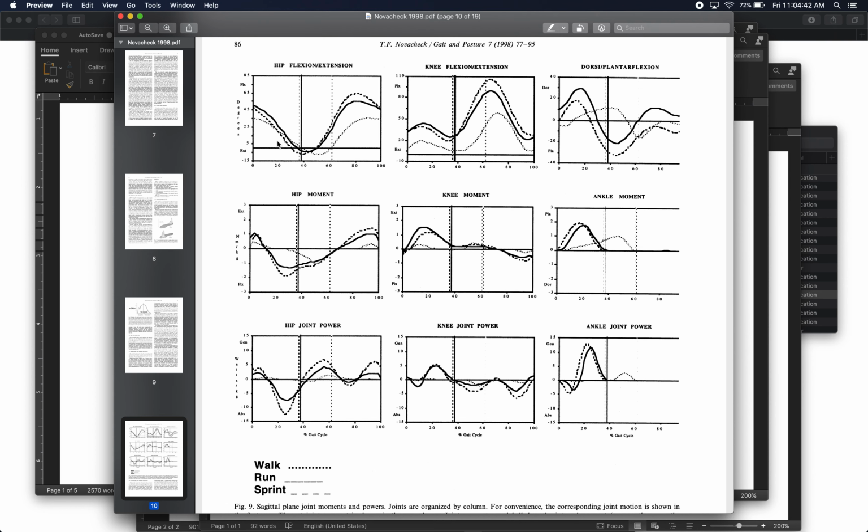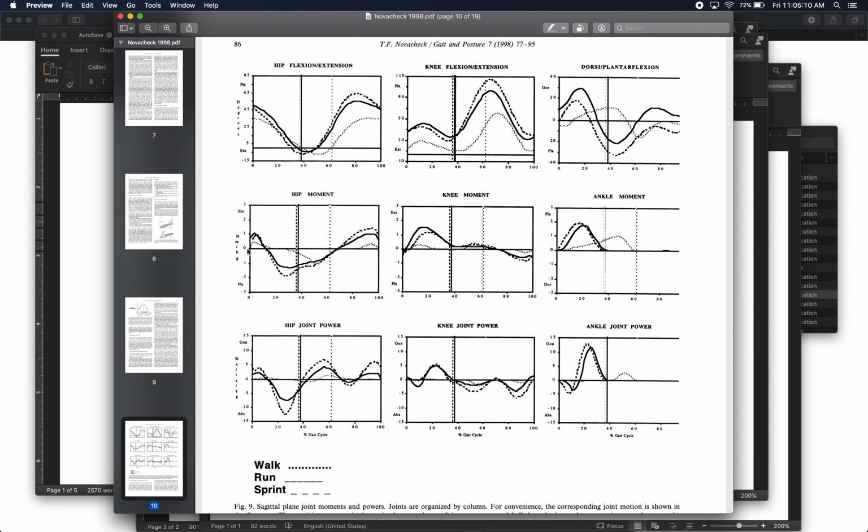Each one of these 9 panels shows some biomechanical data at one of the 3 joints of the lower limb, the 3 main joints that we think of as being important in running: the hip joint in the first column, the knee joint in the second column, and the ankle joint in the third column. The top row shows the angles of those joints, so the motions of those joints during running.